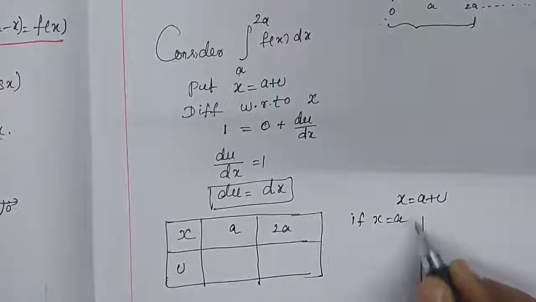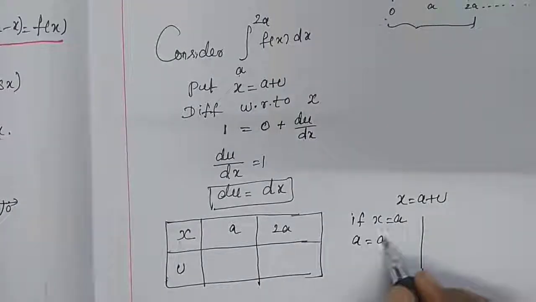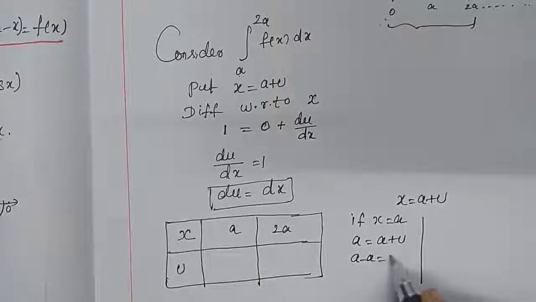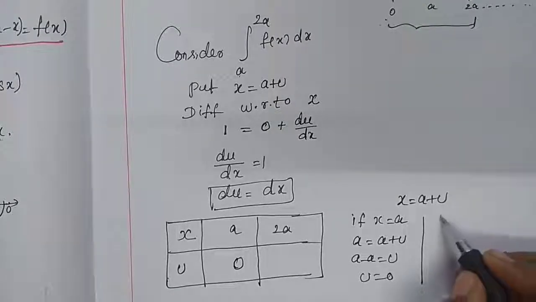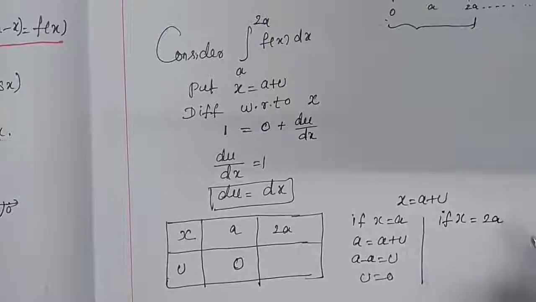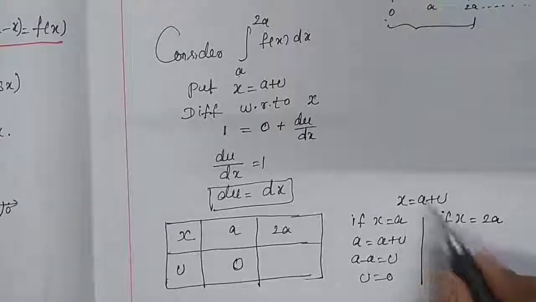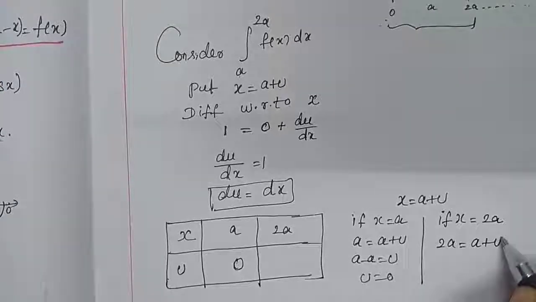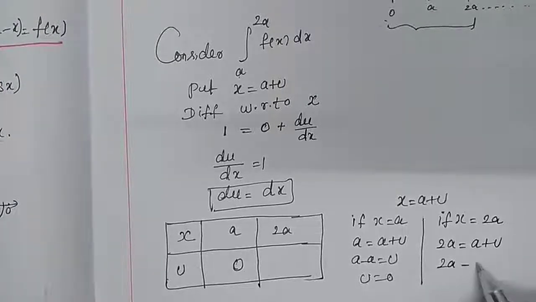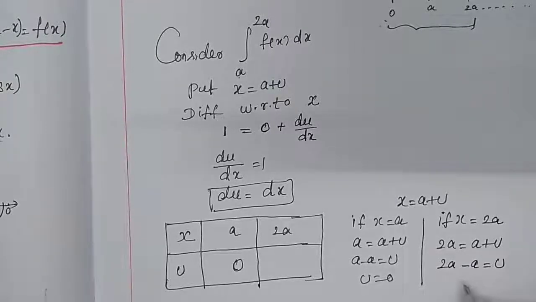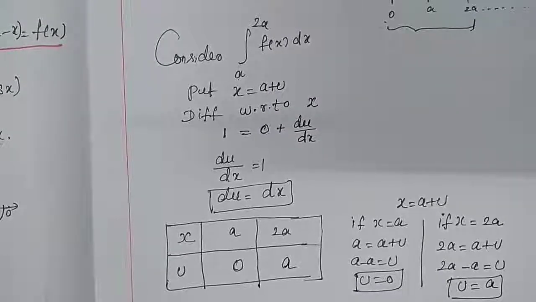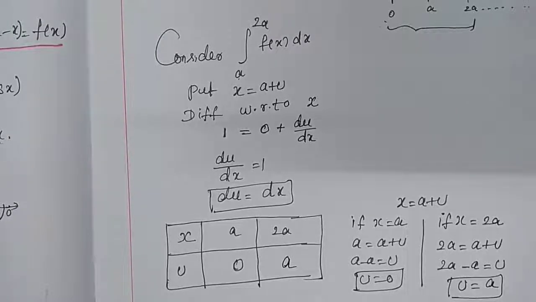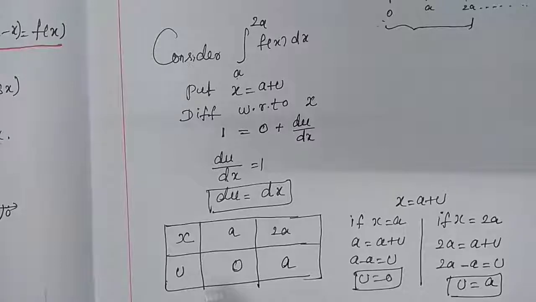If x is equal to a, then a equals a plus u, that is a minus a is equal to u, so u equals 0. If x is equal to 2a, then 2a is equal to a plus u, so 2a minus a is equal to u. Therefore u is equal to a. So the limit changes to 0 to a for the variable u.